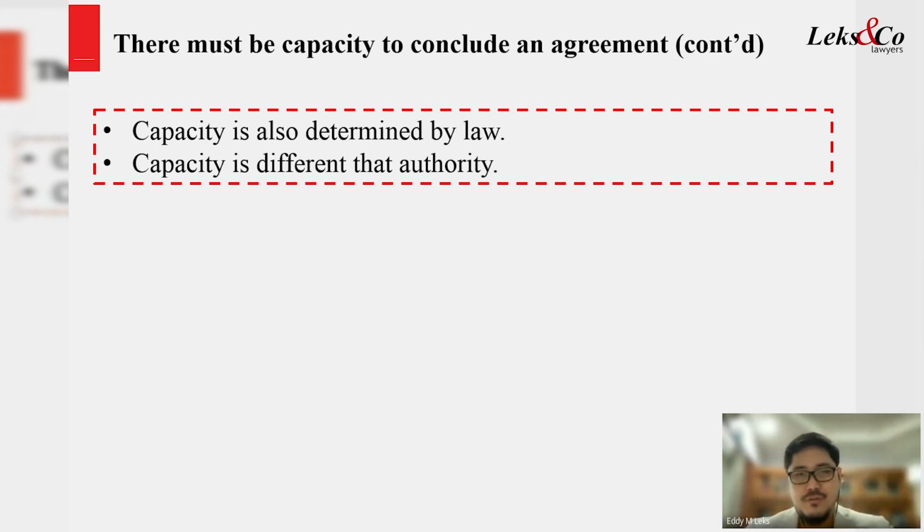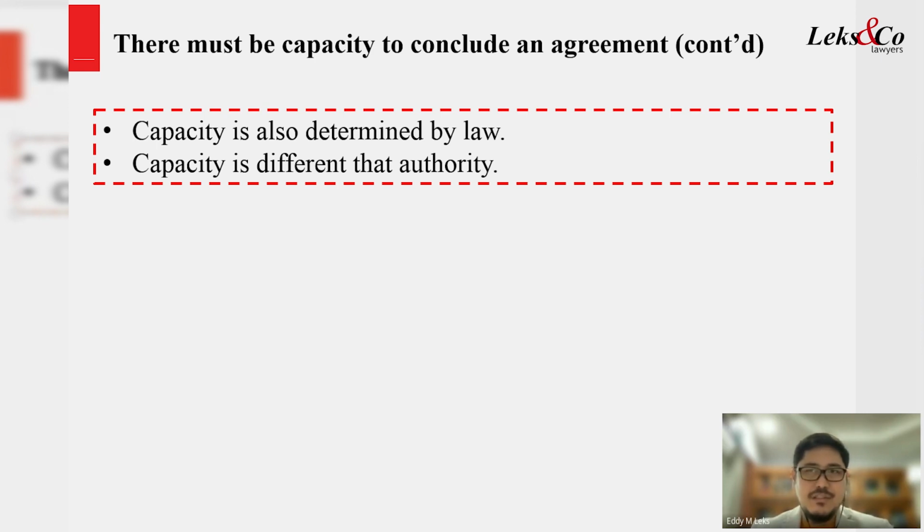If you give a power of attorney to someone, it can be your family, it can be your outside family, it can be your friend, it can be anyone, right? Now imagine there is a third party outside the company, nobody knows it, but then signing an agreement on behalf of the company without any power of attorney. How can we see that? I think it's not about the capacity.